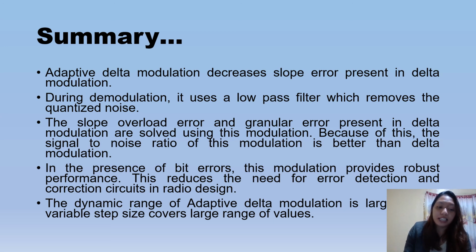Because of this, the signal-to-noise ratio of this modulation is better than delta modulation. In the presence of bit errors, this modulation provides robust performance. This reduces the need for error detection and correction circuits in radio design. The dynamic range of adaptive delta modulation is large as the variable step size covers a range of values.